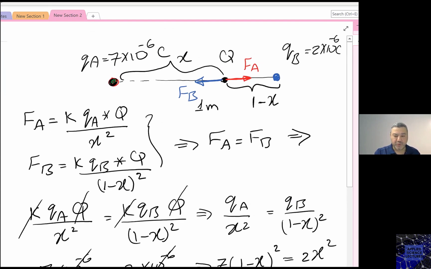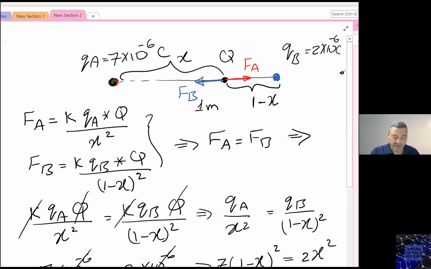The solution of 2.1 meter basically means that the point is somewhere outside in this direction. And in this direction, the forces will not be opposing each other.